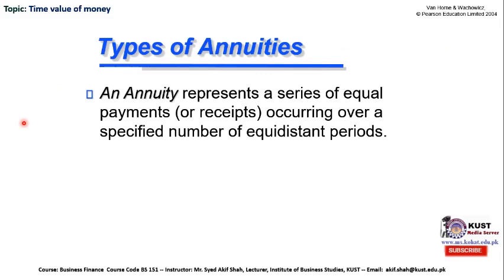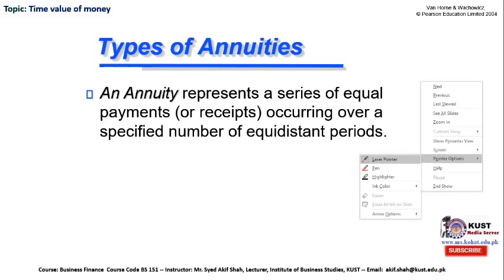First point on the agenda, the types of annuities. Let's start with the definition of annuity. An annuity represents a series of equal payments or receipts occurring over a specified number of equidistant periods. Now, what does this definition mean?